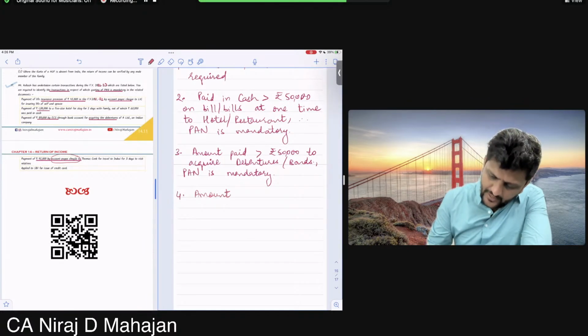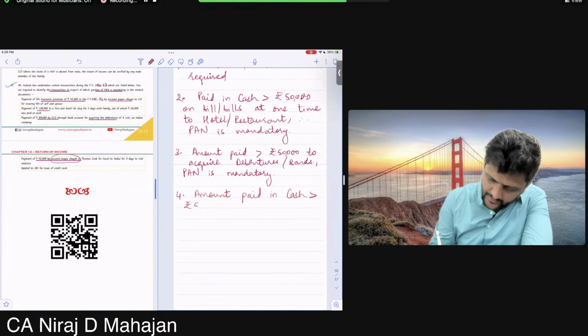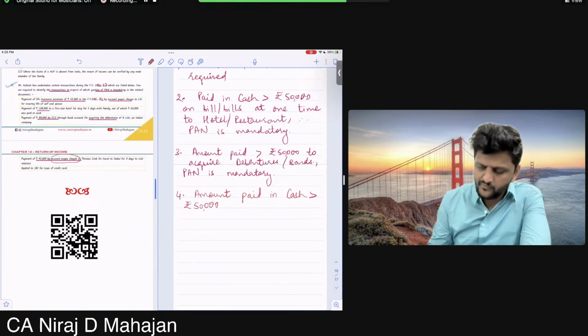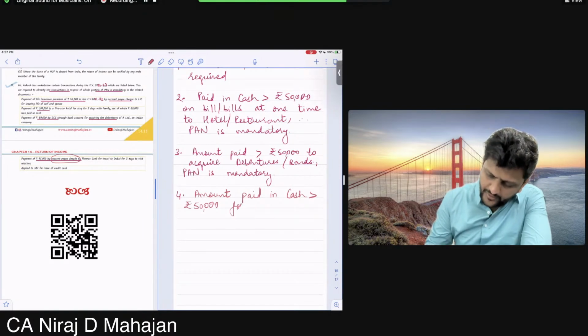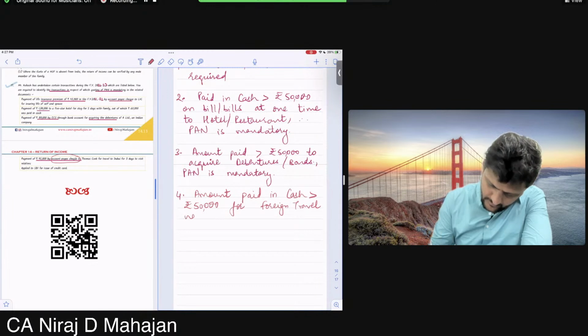Amount paid in cash exceeding rupees 50,000, correct, for foreign travel needs PAN. Full stop.